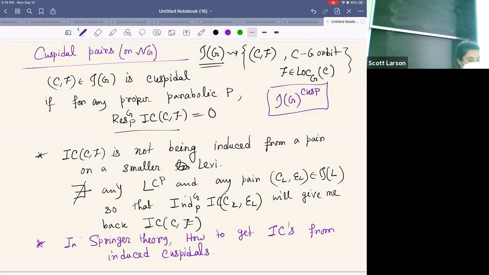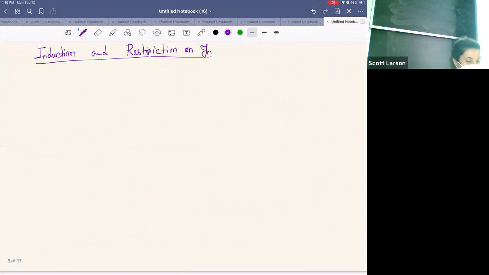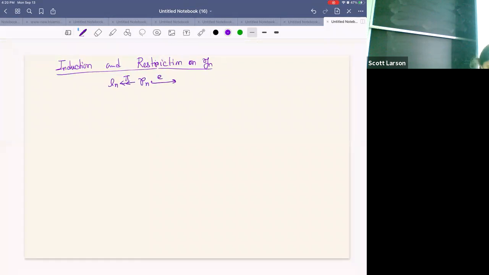And something similar is what we are going to do here in the graded setting. So now I'm going to define induction and restriction in the graded setting. I'm going to use the same kind of diagram, but with graded pieces.